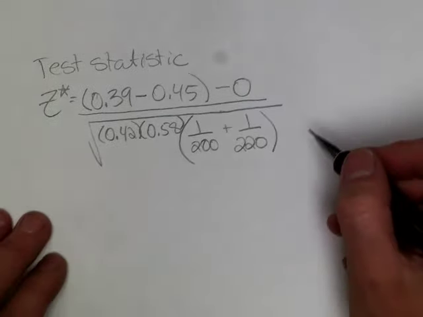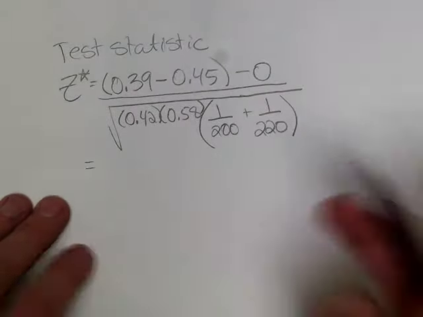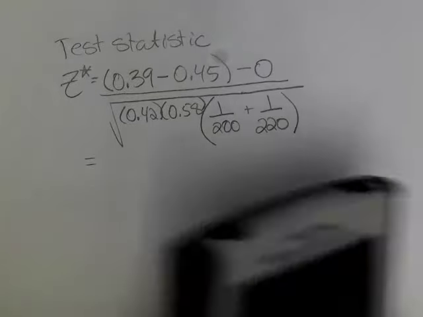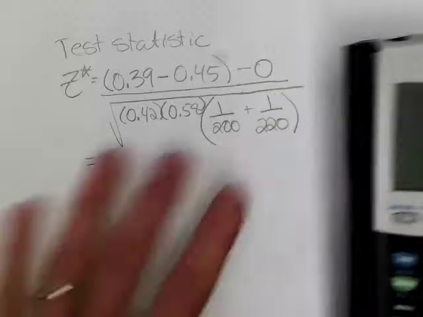You need to be real careful entering this into your calculator. So again, I'm going to strongly suggest just getting the test statistic directly from the two-proportion z-test. But I'll go over the steps. Hopefully I'll be able to get this.